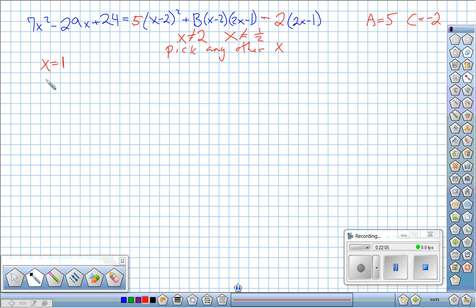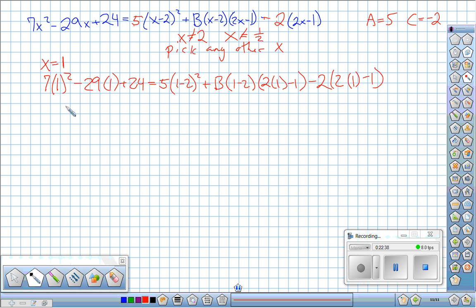So I have 7 times 1 squared minus 29 times 1 plus 24 equals 5 times (1 minus 2) squared plus b times (1 minus 2) times (2 times 1 minus 1) minus 2 times (2 times 1 minus 1). Okay, so that's more likely what you're going to be writing out.